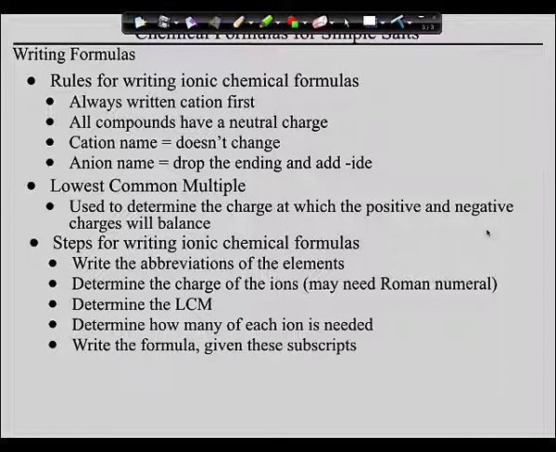Then guys, finally, you'll write the formula using subscripts. So guys, what I'm going to do is model this for you. We'll do 5. The last one's tricky. And then you're going to have time to get your homework done. These go quick.